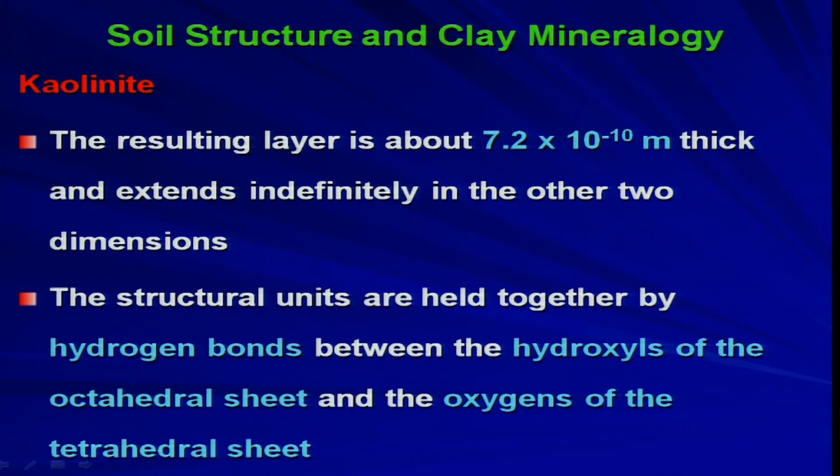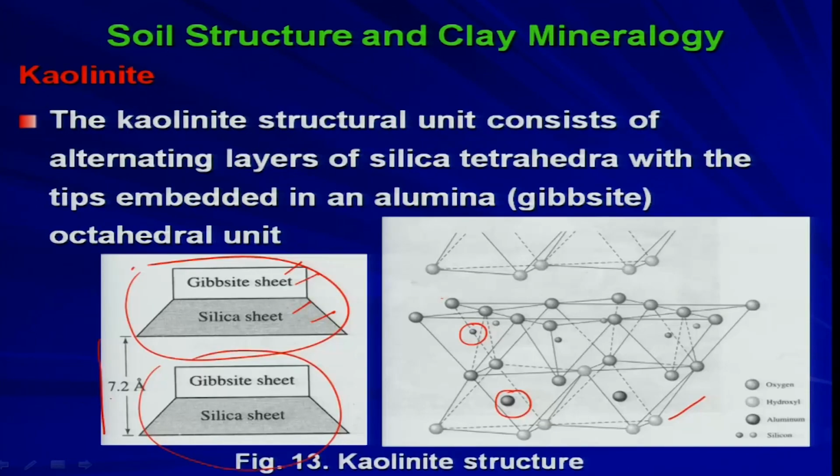The structural units are held together by hydrogen bonds between the hydroxyls of the octahedral sheet and the oxygens of the tetrahedral sheet. So, the bonding between these two is happening because of the hydrogen bond, and this hydrogen bond is very strong.